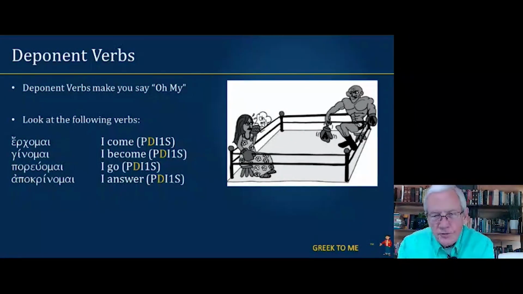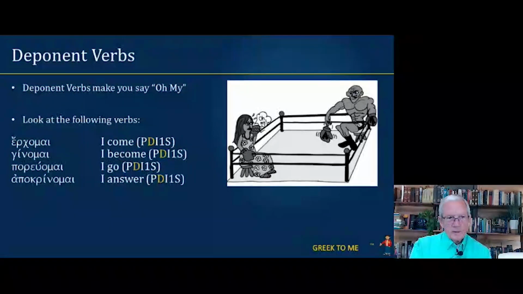Now, these verbs are parsed as deponent. So notice the parsing of erchomai, present deponent indicative, first singular. Ginomai, present deponent indicative, first singular. Poreuomai, present deponent indicative, first singular. The same holds true for apokrinomai.